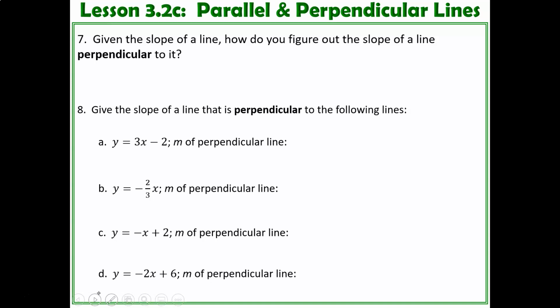All right, now we're going to talk about perpendicular lines. And if you remember, perpendicular lines are lines that intersect at a 90-degree angle. Like this.